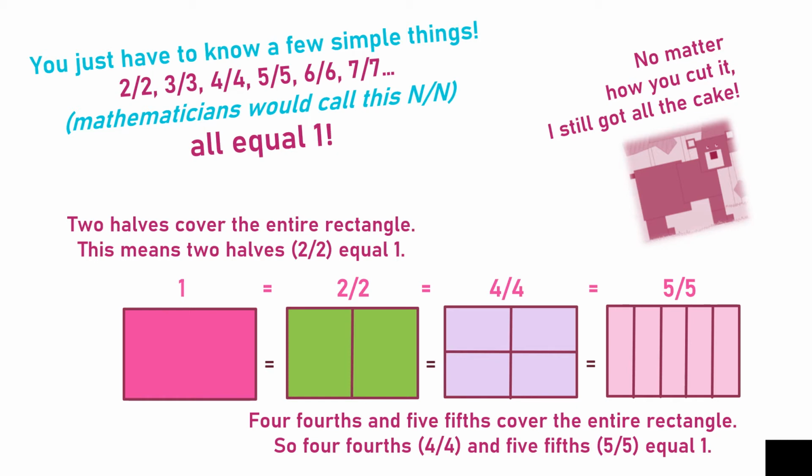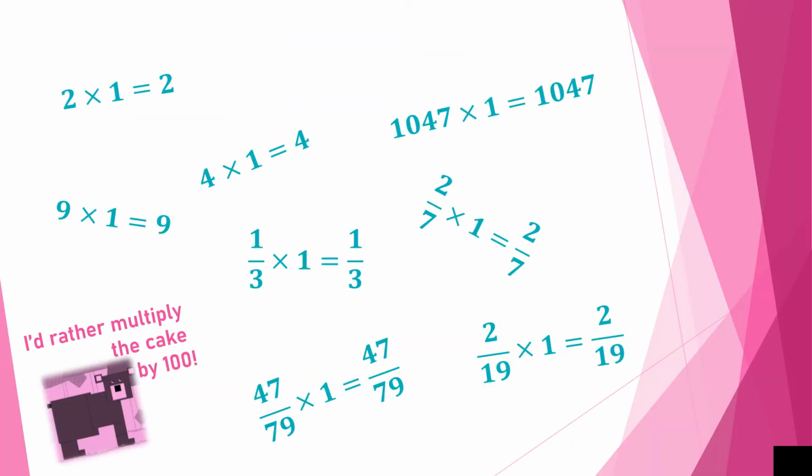But now that we know that each of these fractions is equal to 1, we've learned something very important. What happens when you multiply something by 1? 2 times 1 is 2. 4 times 1 is 4. 9 times 1 is 9.